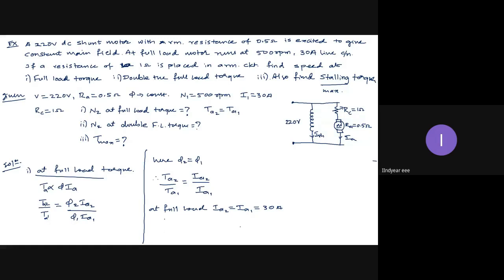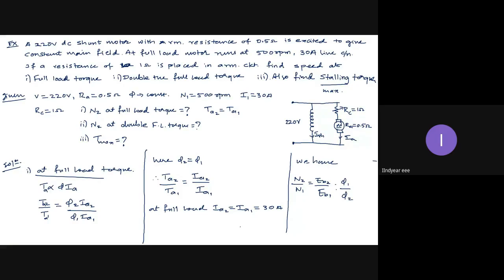So I can calculate EB1 and EB2. We have another relation, right? So we have N2 by N1 is equal to EB2 by EB1 into phi 1 by phi 2.